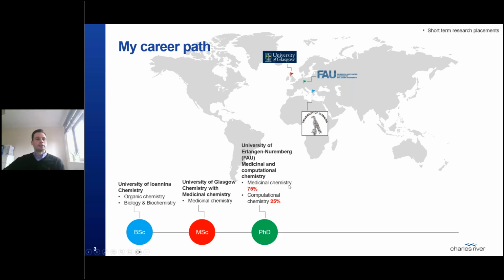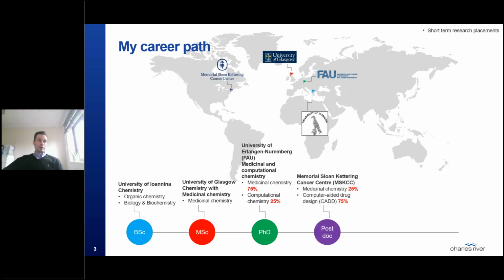So after that, I was very keen on combining computational chemistry into my research, as it was providing rational design to the ligands I was designing to make in the lab. So I found an opportunity in New York at the Memorial Sloan Kettering Cancer Center.